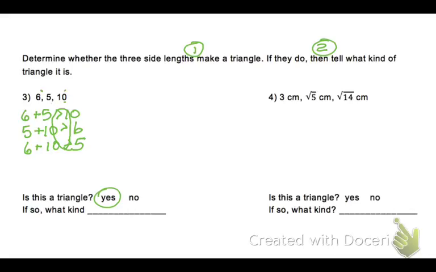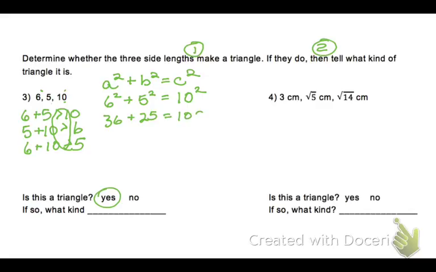So now we need to figure out what kind, and that's where Pythagoras comes in. Again, a squared plus b squared equals c squared. We'll make our 6 the a, our 5 the b, and our 10 the c. 6 squared is 36. 5 squared is 25.